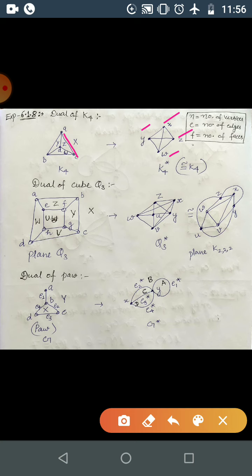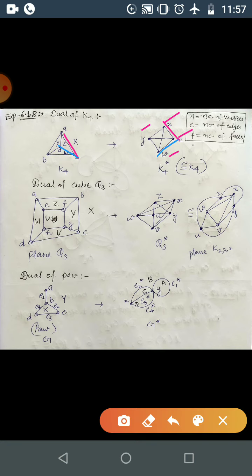Now this edge, Z and X. These faces meet at this edge. So there will be an edge between the X and Z vertices. Now these two faces, Z and W, meet at this edge. So there will be an edge between Z and W vertices in G star, or K4 star, correct.